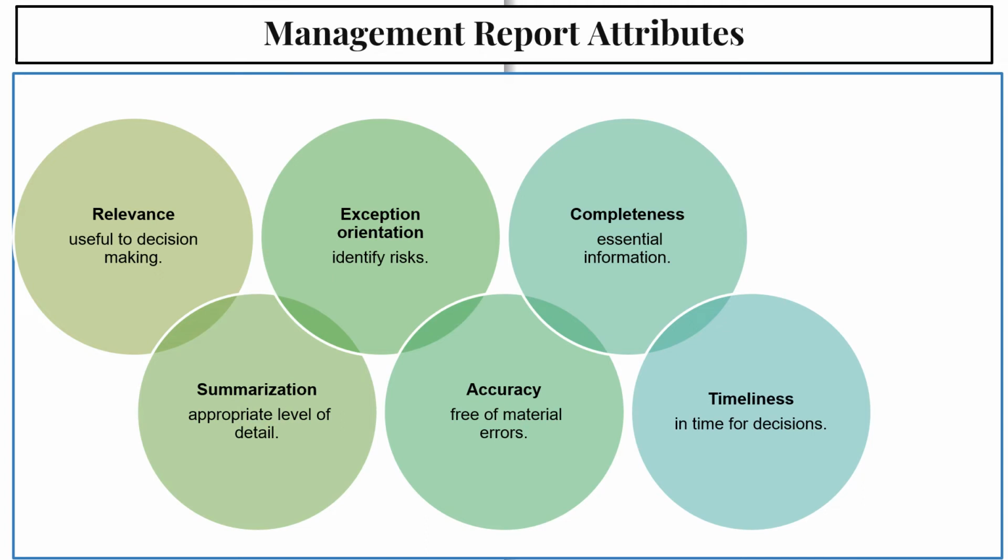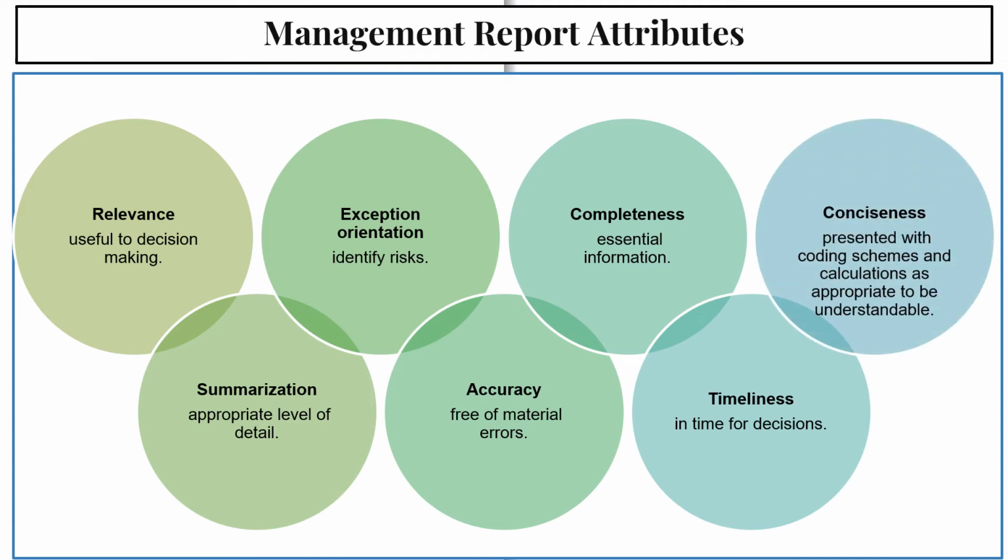So it does not come late or early, it comes at the right time for the decision making process. Finally, consensus, presented with coding schemes and calculations as appropriate to be understandable, meaning that it comes in an understandable way, either with numbering or visualization.